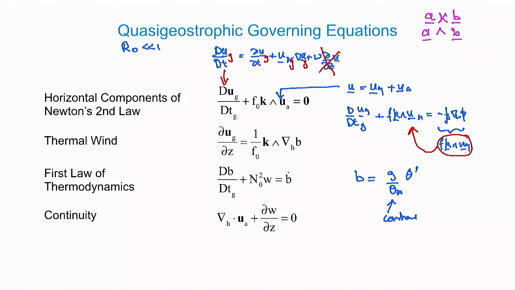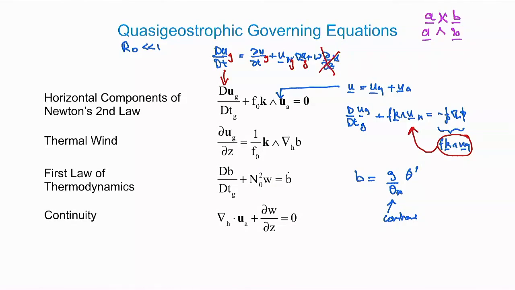It's saying that if we advect B by the geostrophic wind, that's the quasi-geostrophic approximation. This is the advection by the geostrophic wind there. And then we've got the vertical advection, not of B, but of the background static stability. And this is the continuity equation.